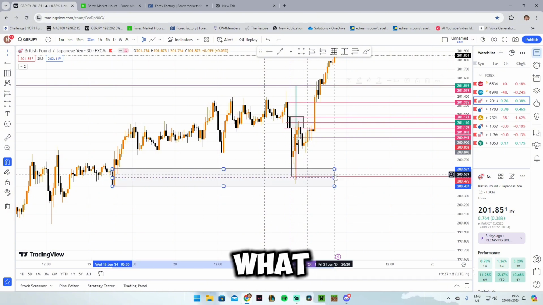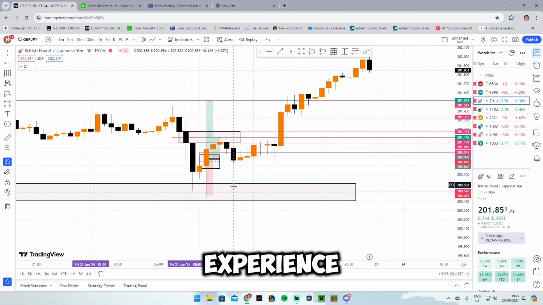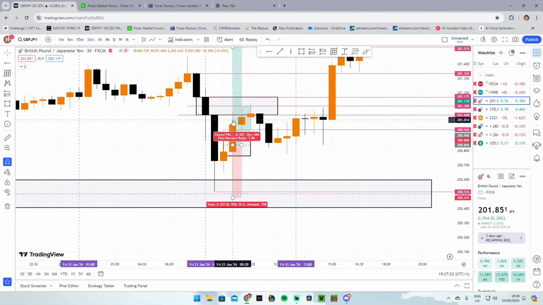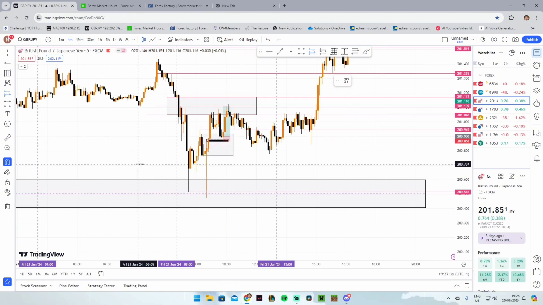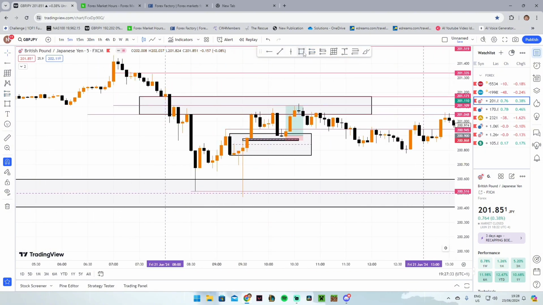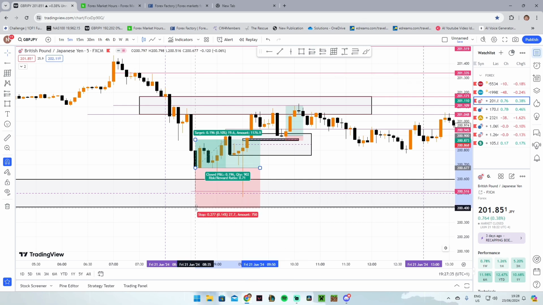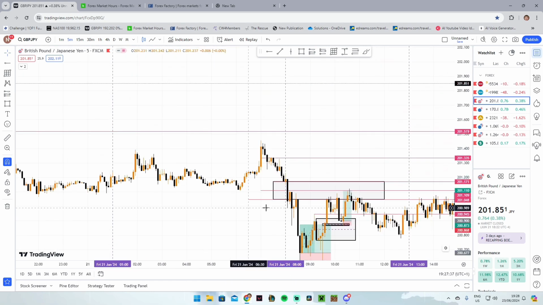Always, this is like what you do for like other market experience. Somewhere here, I took a trade. And like, yeah, somewhere here, just scale down. I think it was like this. Just something like that.